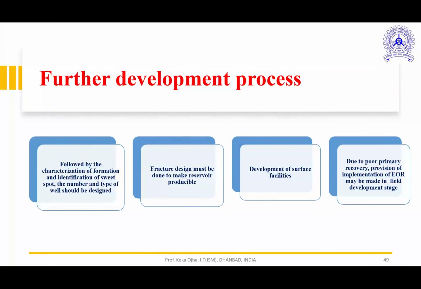Will you go for EOR? In a conventional reservoir with high, normal fractures, you may lose, because the injected fluids may move through the fractures only, not through the matrix where the pool of oil is present. So that may be bypassed. Those things are to be taken care of. Here also, what are we considering?